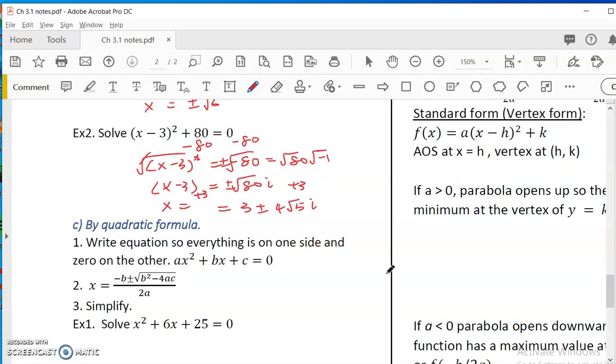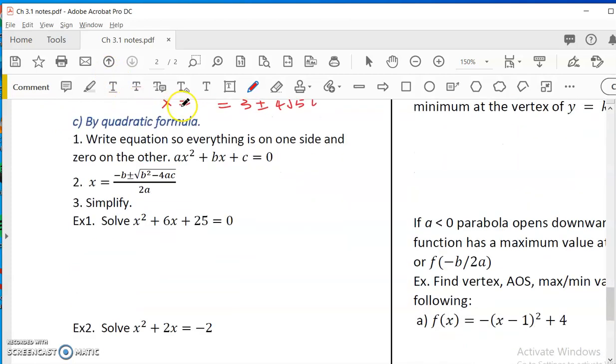So the answer is a complex number if we allow ourselves to do the square root of a negative number. It shows up in this question as a complex number, not in the last one. What about if I solve a quadratic equation by the quadratic formula?